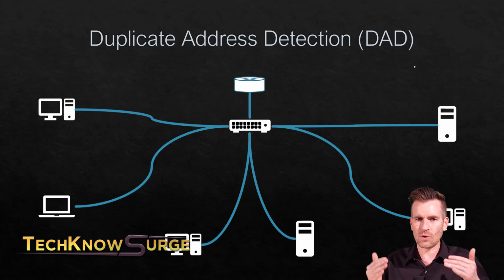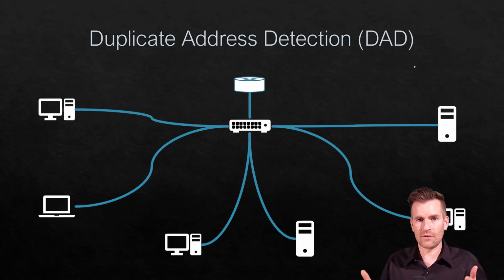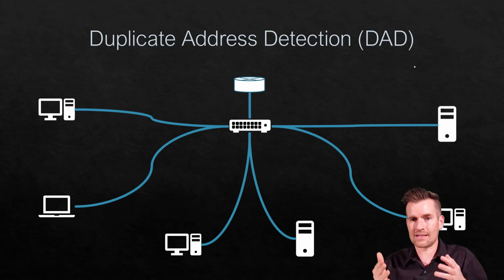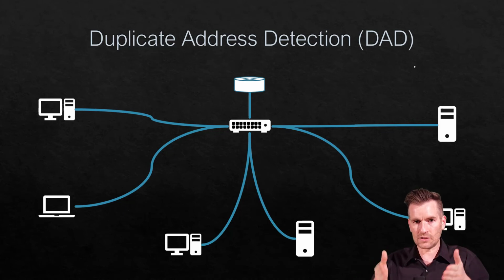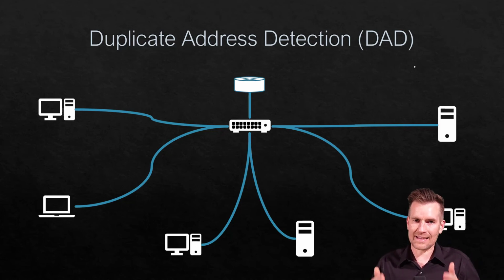So we need some sort of mechanism that helps discover if there's a duplicate address. Because there is nothing orchestrating this, like there is no DHCP server that hands out addresses to make sure that there's not duplicates on the network, because there's not a single source for assigning these addresses, we have to have, once again, this method that detects if there's duplicate addresses on the network.